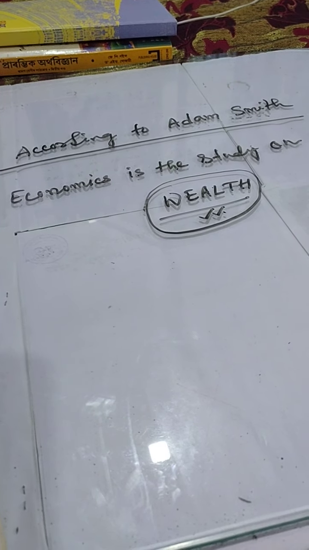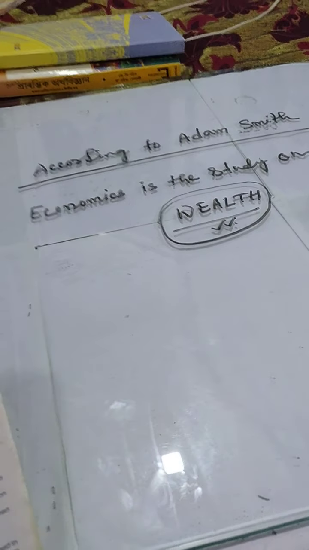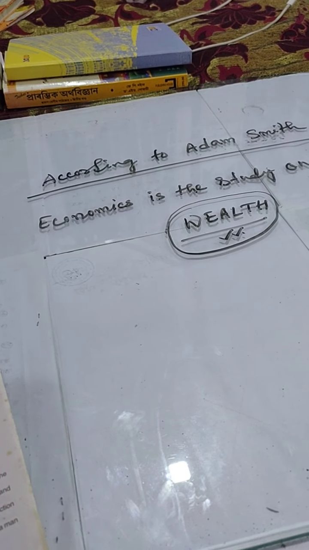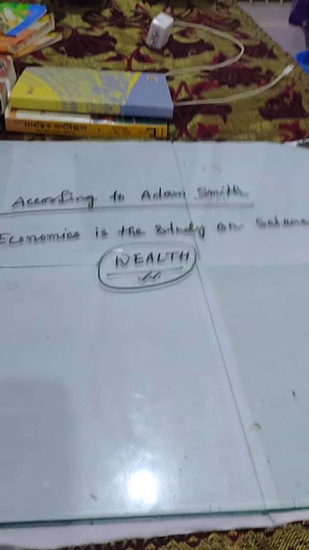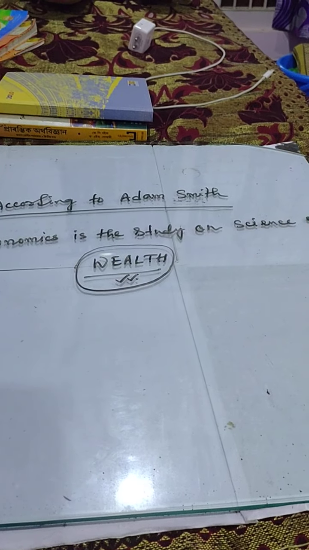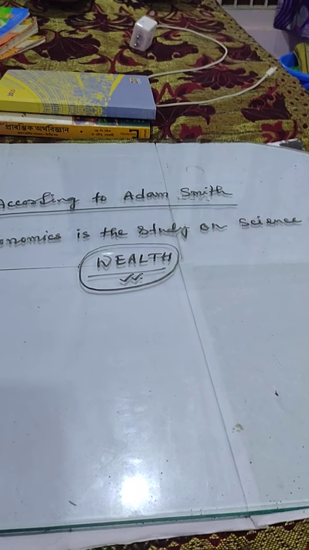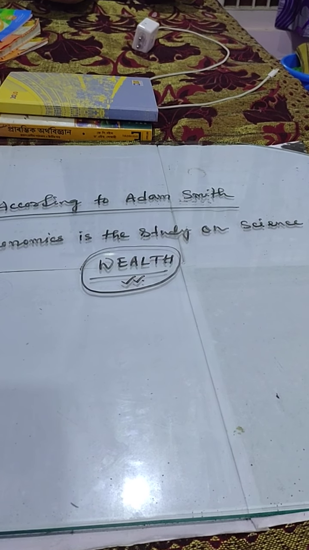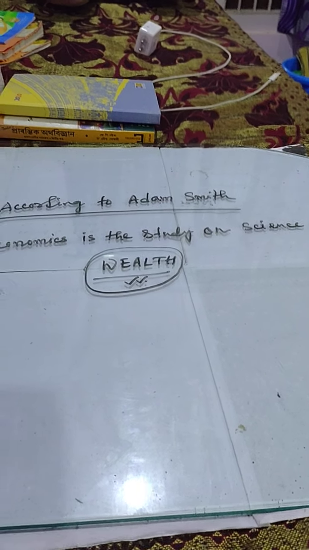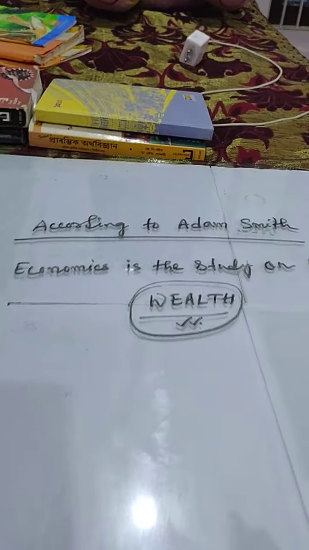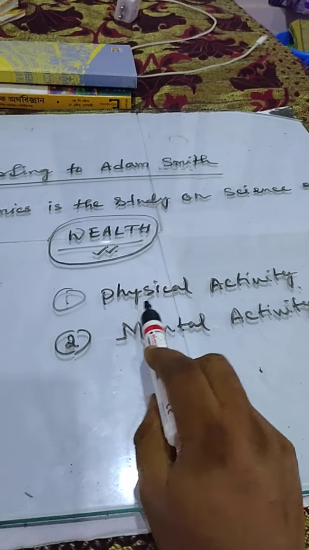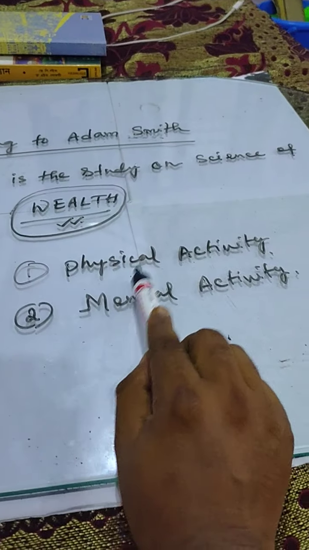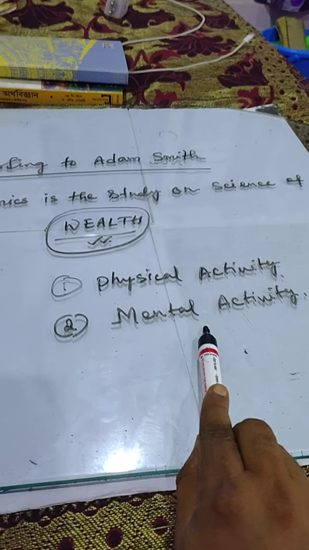According to him, the main purpose of all the activities of man is to earn wealth. That means human beings perform different kinds of activities. Now a question may come: why do human beings perform different kinds of activities? Human activity can be classified into two parts: physical activity and mental activity.